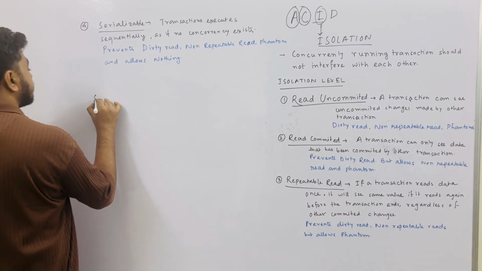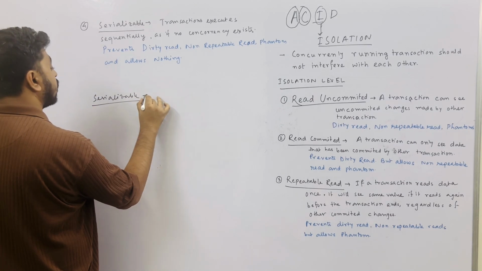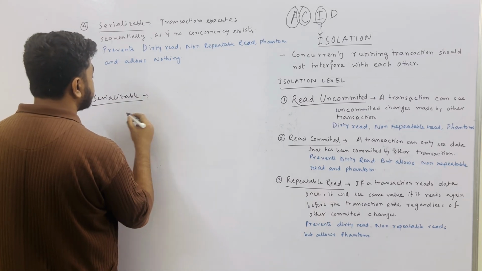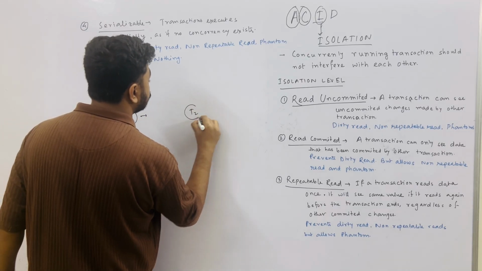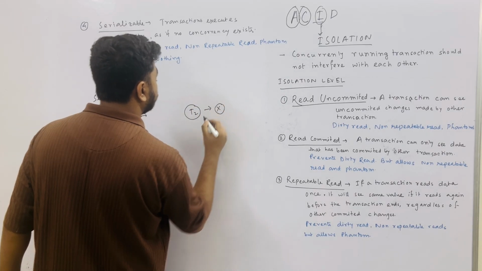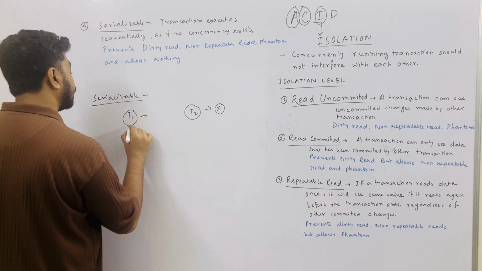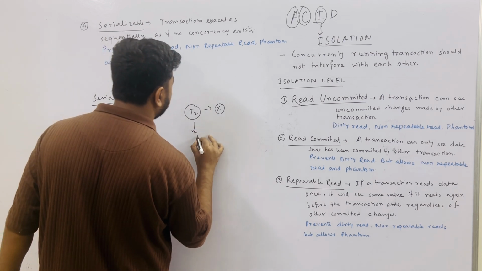Another one is serializable. Serializable is an isolation level where the transactions execute one by one in a sequential manner. Suppose T1 is started and T2 wants to start, the database will hold T2, it will wait for T1 to finish the execution, then T2 will start.